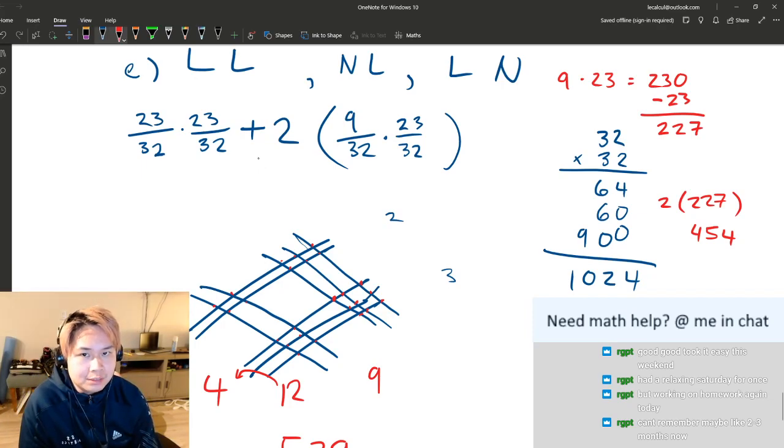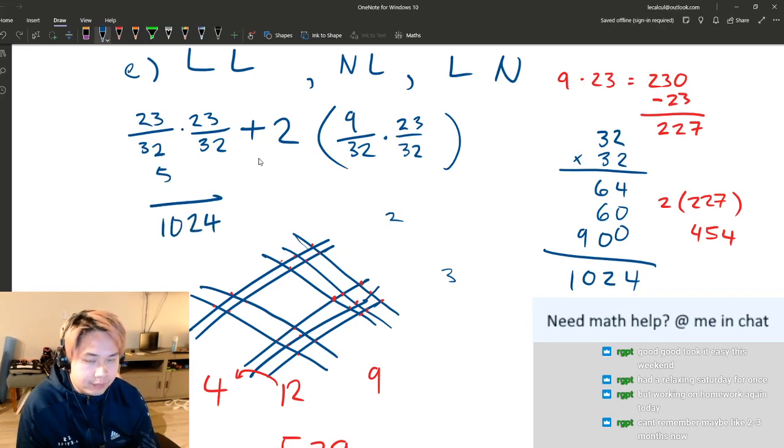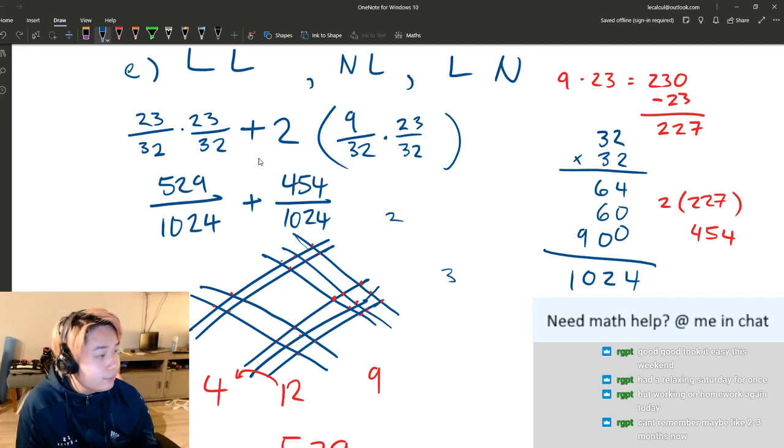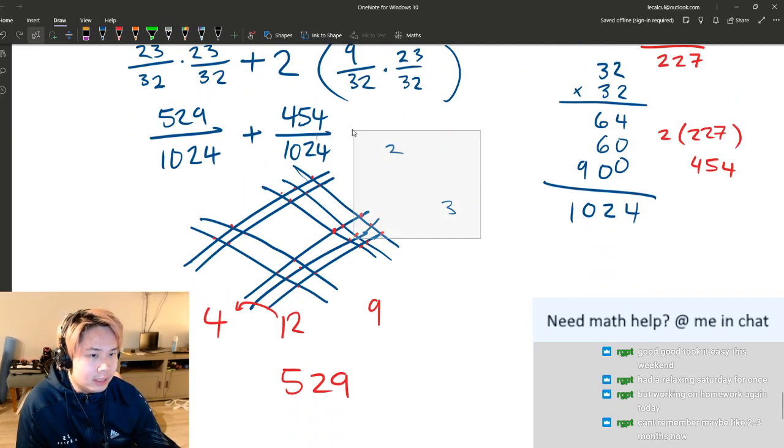Okay, so what does this all mean? That means that this probability is out of 1024. So 529 out of 1024, and then I'm adding 454 out of 1024. I don't know why they're making you calculate this.